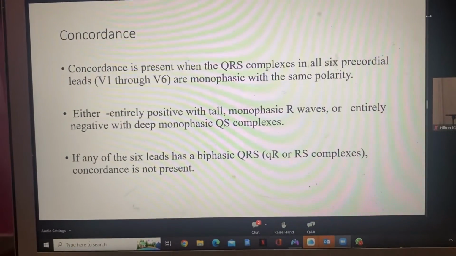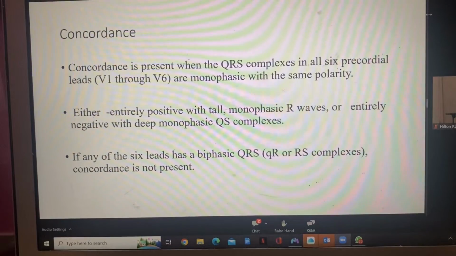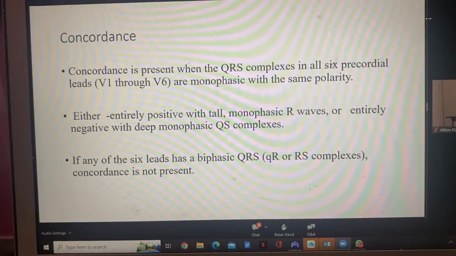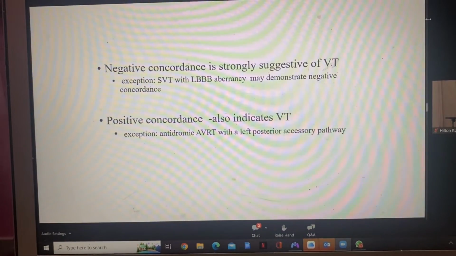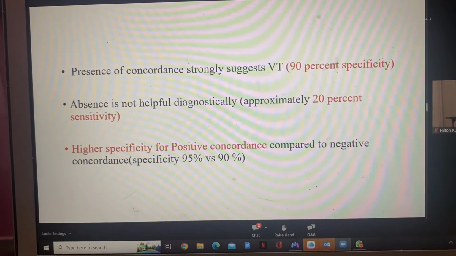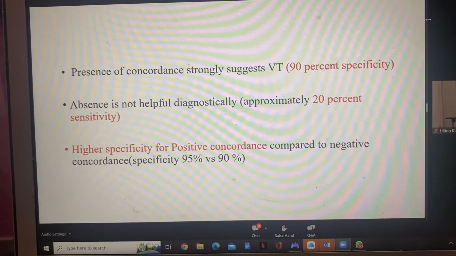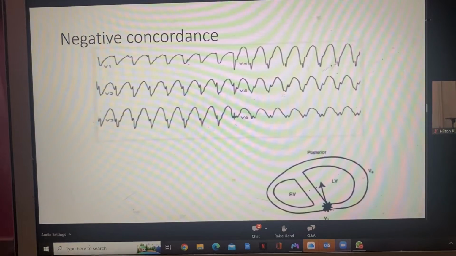Concordance. Concordance is present when the QRS complexes in all six precordial leads, V1 to V6, are monophasic with the same polarity, for example negative or positive concordance. So presence of concordance strongly suggests VT. Absence is not helpful diagnostically. Higher specificity for positive concordance. So here I'll show some examples. This is V1 to V6, all are pointing downwards.